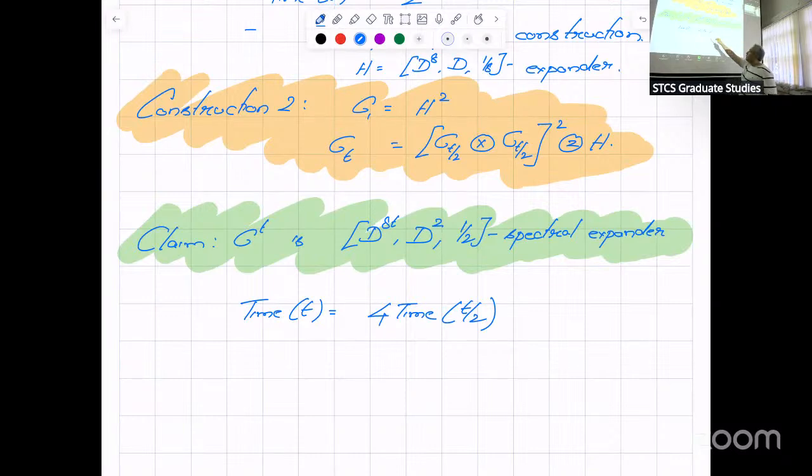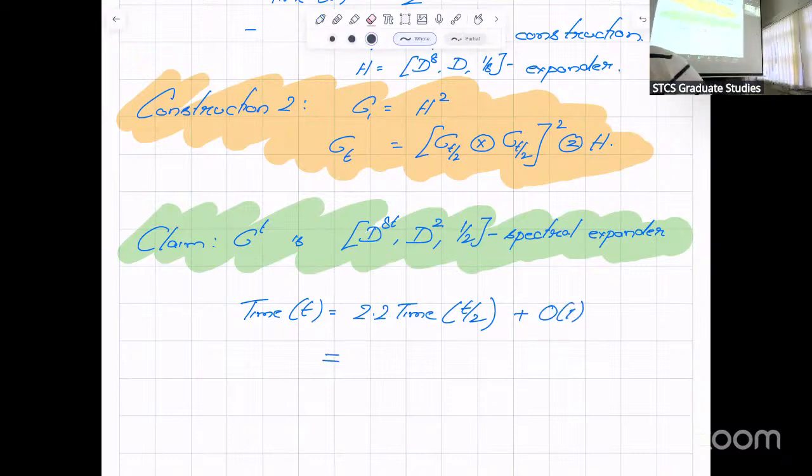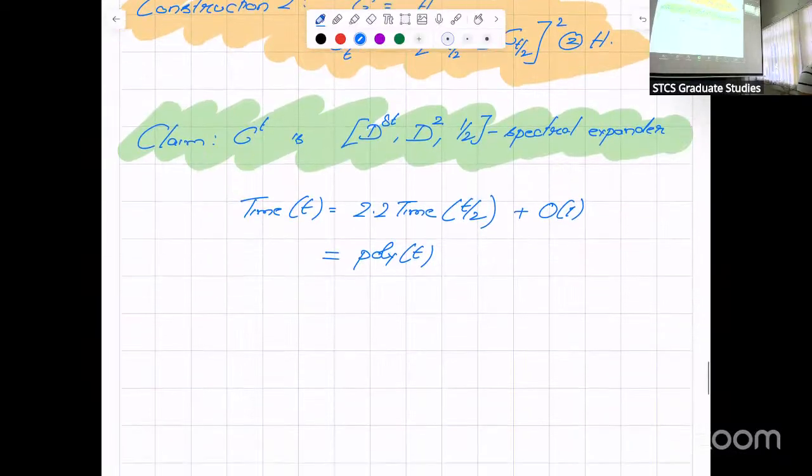So just the square will contribute 1, 2 here. And then G t by 2, each of them is time t by 2. So you have 2 times time t by 2, plus an order 1. So this is going to be poly t. If you solve this recurrence, it's going to be polylogarithmic in the size of the graph. So this is a strongly explicit construction.